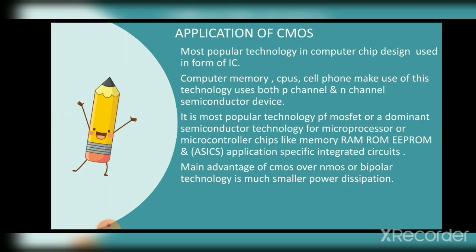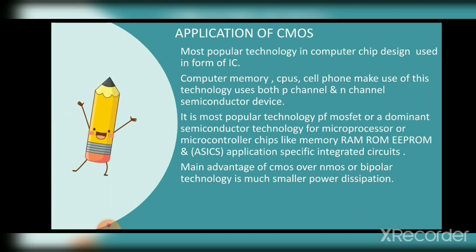Now coming to the applications of CMOS. The main advantage of CMOS over NMOS and bipolar technology is much smaller power dissipation, and it is the most popular technology in computers. It is used in the form of IC chip design, in integrated circuits. Computer memory, CPUs and cell phones make use of this technology, which uses both P channel and N channel semiconductor devices.